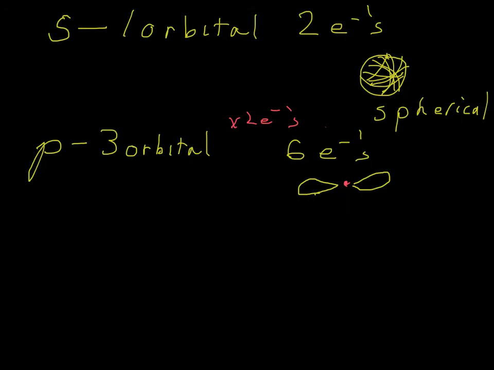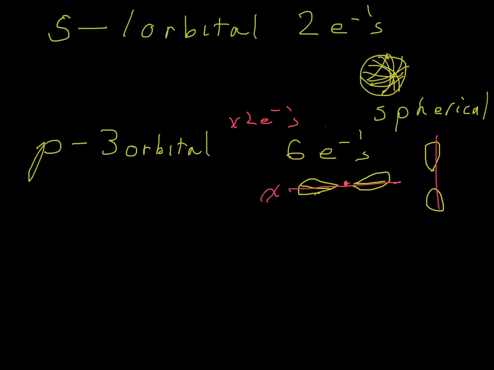Our p orbitals are this ice cream cone shape. This ice cream cone shape in 3 dimensions can be thought of almost as a line. And you can turn these 2 ice cream cones so that they lie along an x-axis.